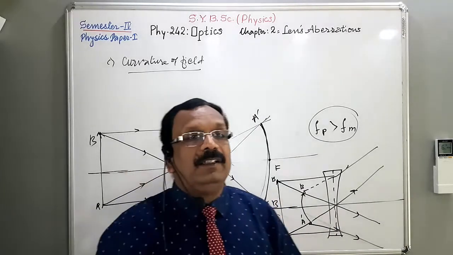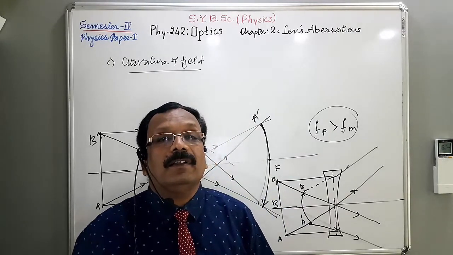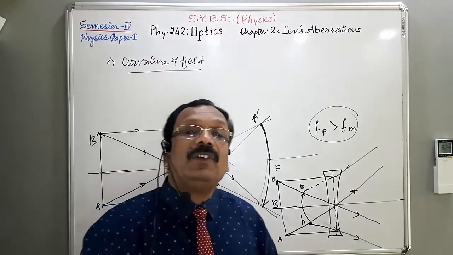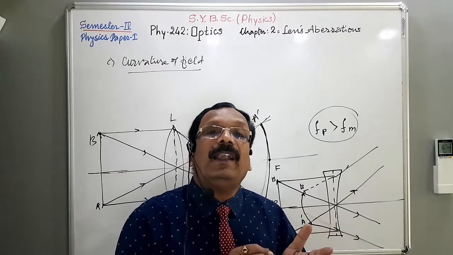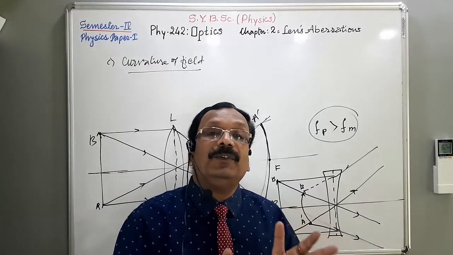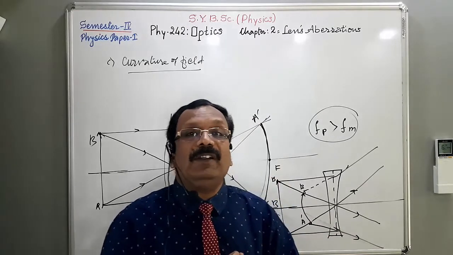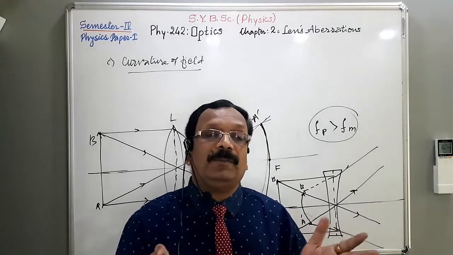Now, this type of aberration is present even if the aperture is reduced by stops. That means in spherical aberration, chromatic aberration and astigmatism, we can use the stop arrangement in order to reduce them respectively.